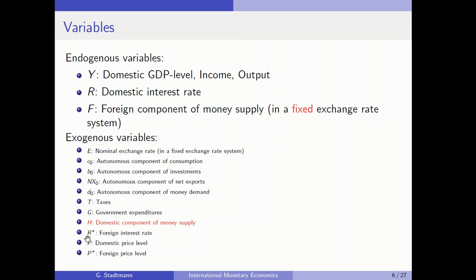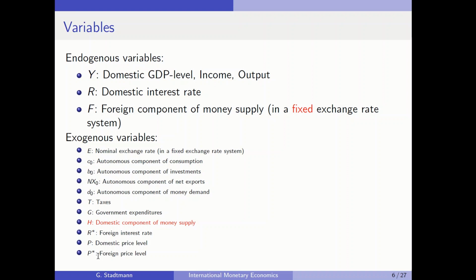Like all the other variables listed here, especially the foreign variables, are exogenous. The foreign interest rate, the foreign price level are exogenous variables. Also the foreign GDP level, Y star, is an exogenous variable.